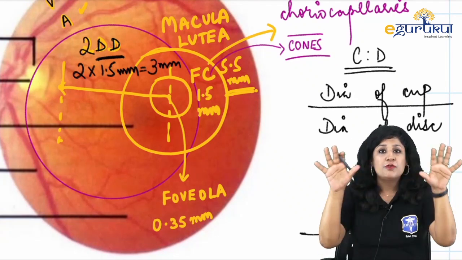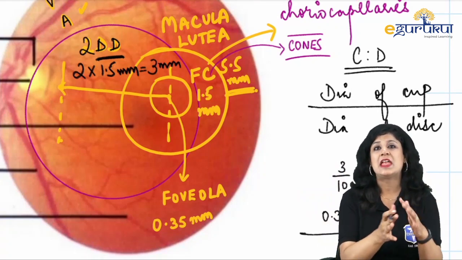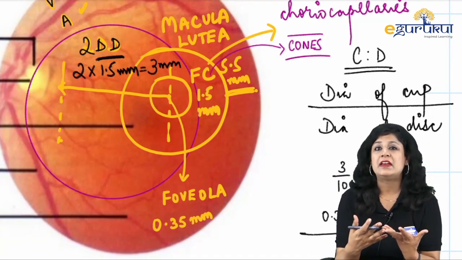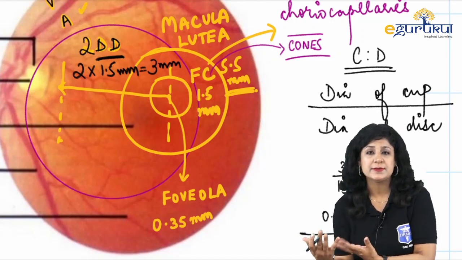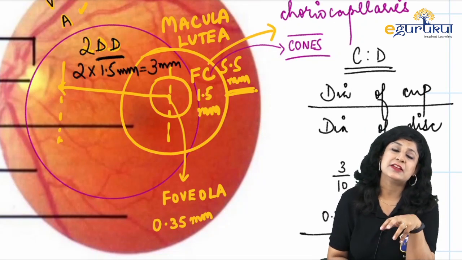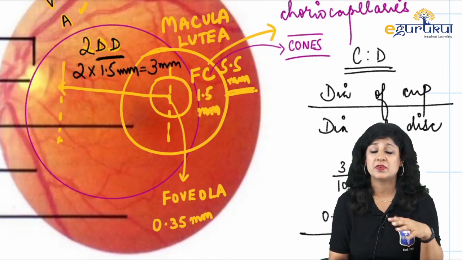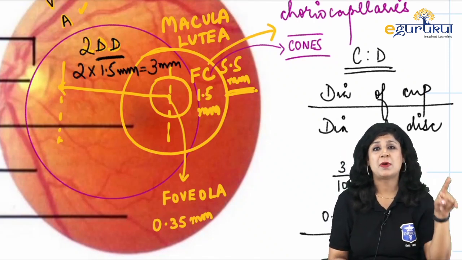Now, rest of the area will be the peripheral retina. So, broadly speaking, we have a central retina, we have a peripheral retina. Central retina consists of more of cones. Peripheral retina consists of rods, and cones are for colorful vision. So, the central area, whenever we have optic disc abnormalities, we have macular lesions, we have problem of color vision, while the peripheral vision is by the rods.